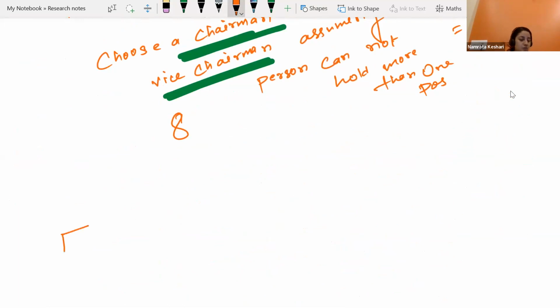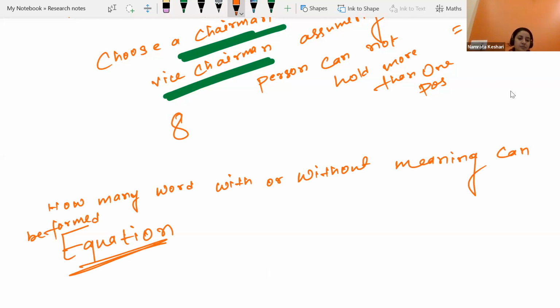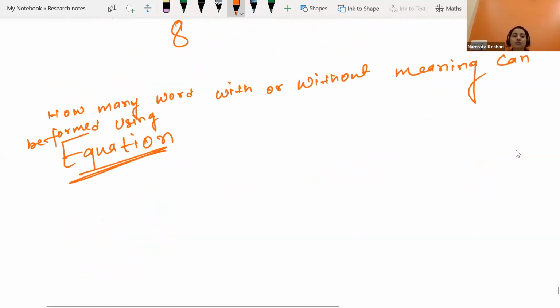Now, how many words, with or without meaning, can be formed by using the letters of the word 'equation'?